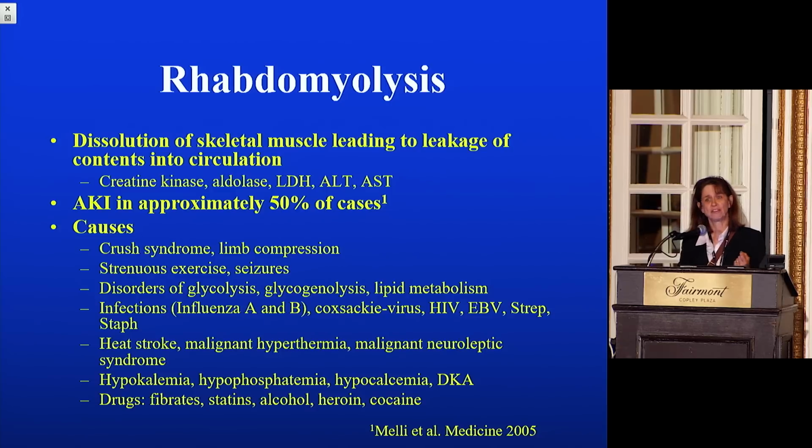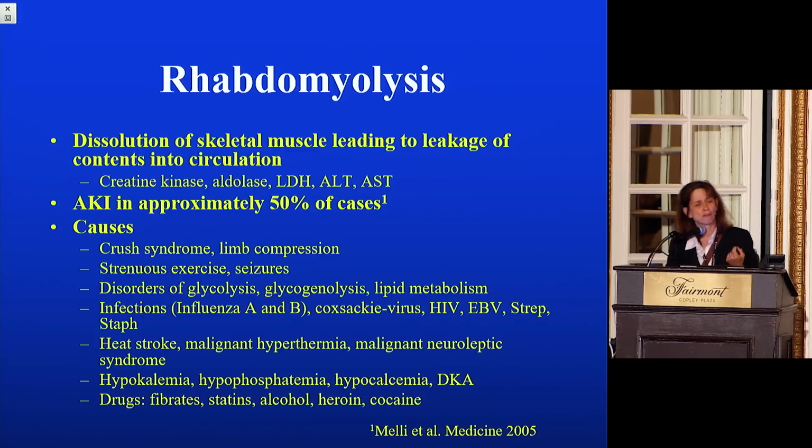The reason is that AKI from rhabdo is far more common if you have a comorbidity. For instance, volume depletion. It's more common in trauma, and it's more common in some toxins. It's much more likely to be present.